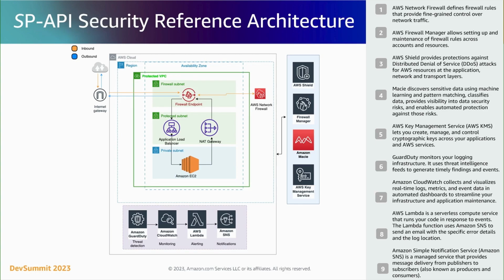Although I know not everybody is on AWS, you can take this diagram here and replace some of the services with a similar service from Azure or GCP. We do have resources out there to share with you as well on other top providers, as well as maybe open source solutions and such. So we'll dive into more of that later.